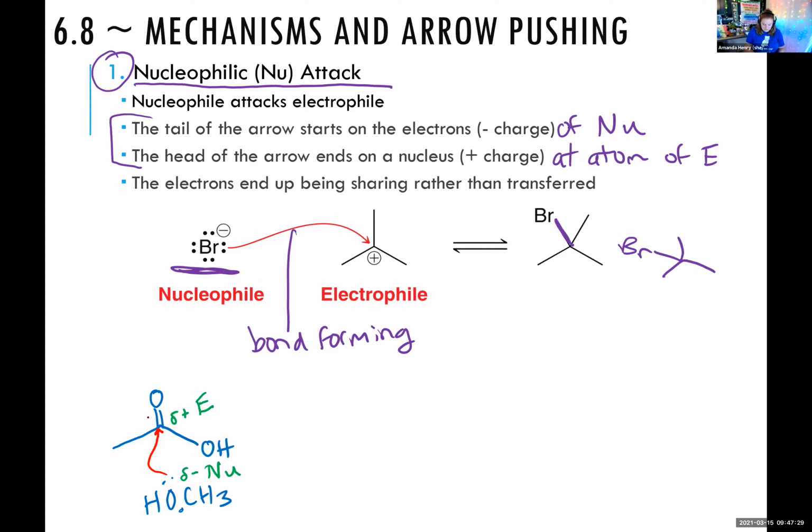We're going to do an arrow from the pi bond onto the oxygen. Now that's technically not a mechanism arrow. That actually falls into our resonance patterns that we saw. That's a pi bond between two atoms of different electronegativities. So we add in resonance arrows to help the flow of electrons.